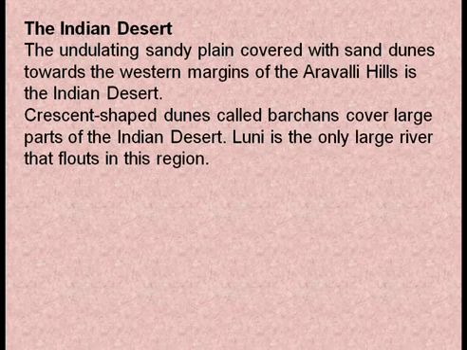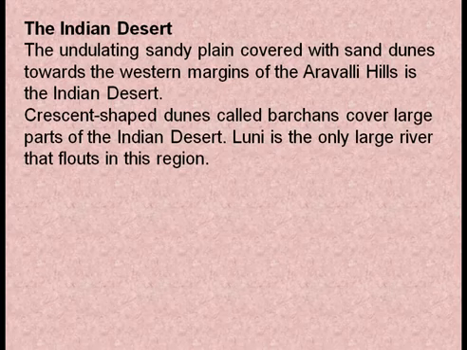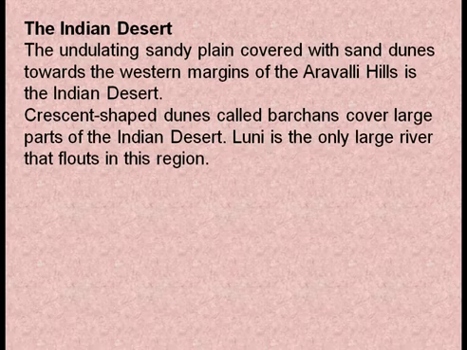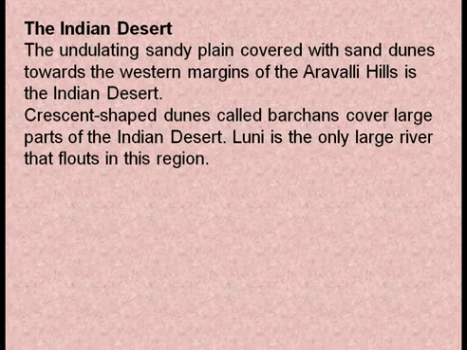In that, you have to explain deeply about the location of the Great Indian Desert. After that, the temperature, the soil, the vegetation. After that, you have to mention the Barchans, and the River Luni.